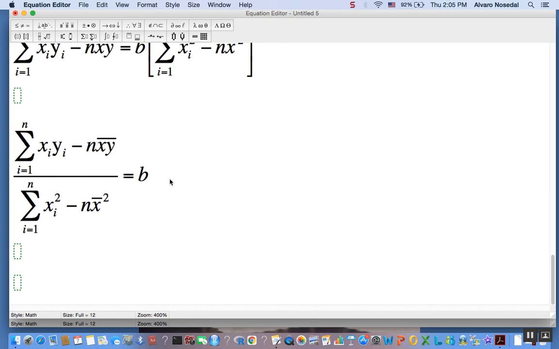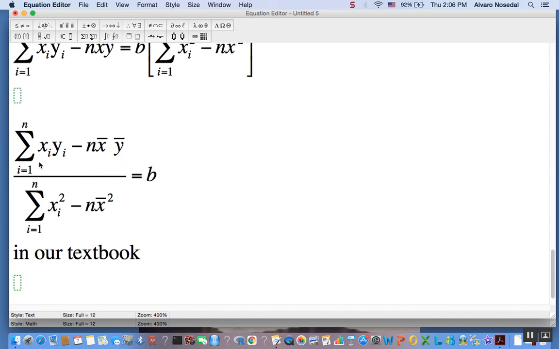And in our textbook, they refer to this guy as x bar y bar, right? And that's why it's good to make separation here. So in your textbook, they refer to the first term here as x times y, the whole thing bar.